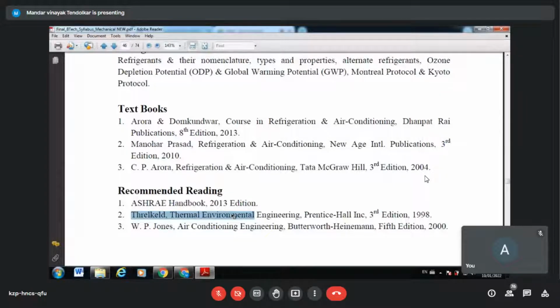Okay. And other than this, we need different charts, as I had said. So please don't buy any book for that. I will be sharing all the charts with you through this GVC, Google Virtual Classroom. If you require, you can just take a print and it's fine. Don't go and buy any book for the charts, because there are hundreds of charts and it's of no use as such.